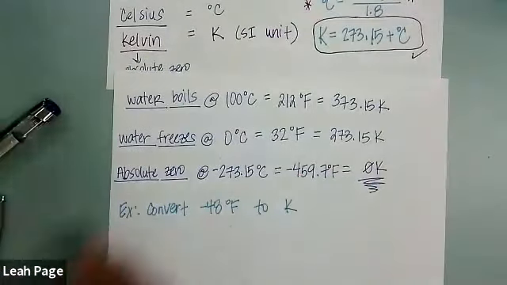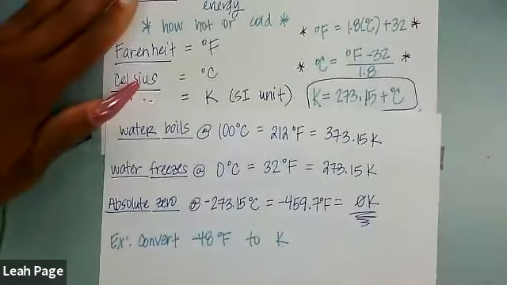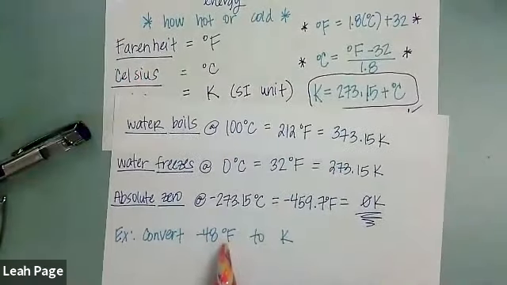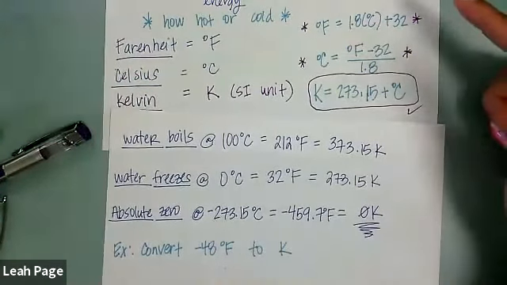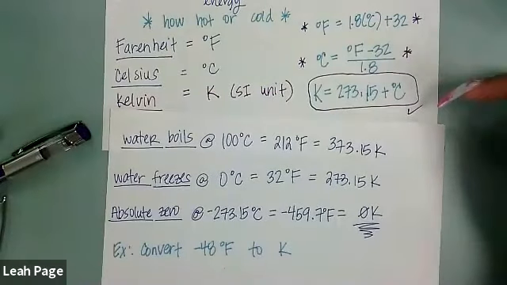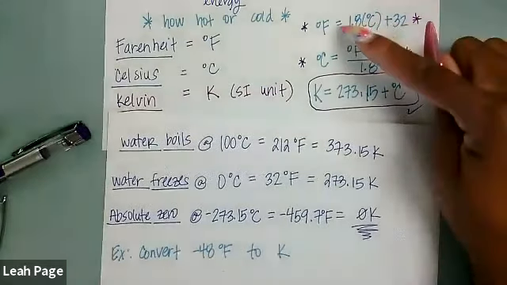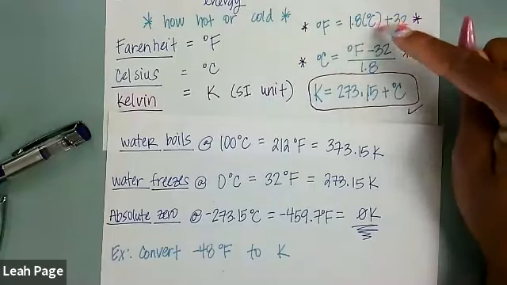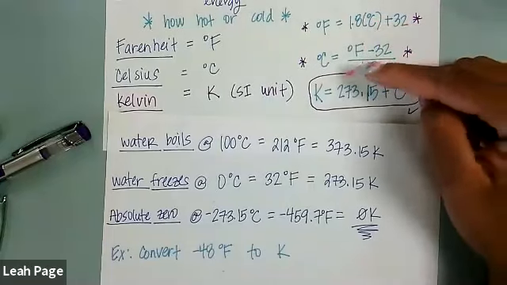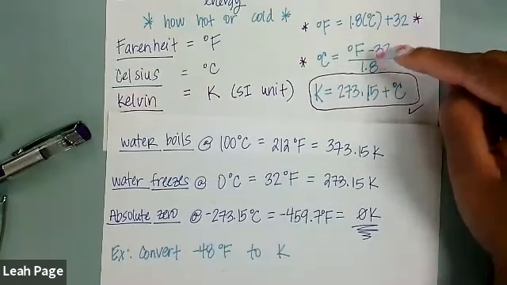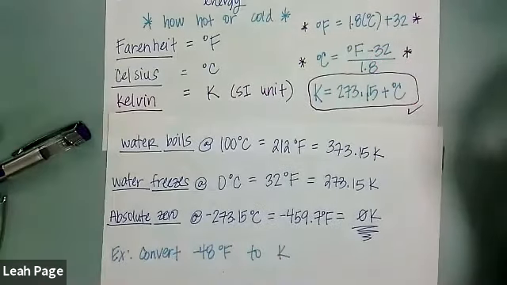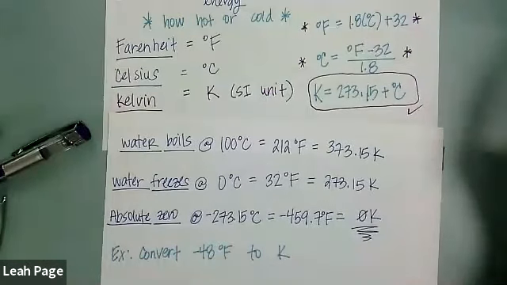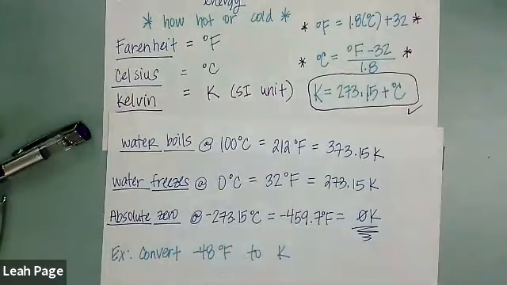You guys spend a second and see if you can use these equations to go from degrees Fahrenheit to Kelvin. So notice that I do not have an equation that's going to convert degrees Fahrenheit to K, but I have one that goes from degrees Fahrenheit to Celsius, or Celsius to degrees Fahrenheit, and then I have one that goes from Celsius to Kelvin. So you guys spend a second and see if we can do this conversion and see if we all get the same answer.